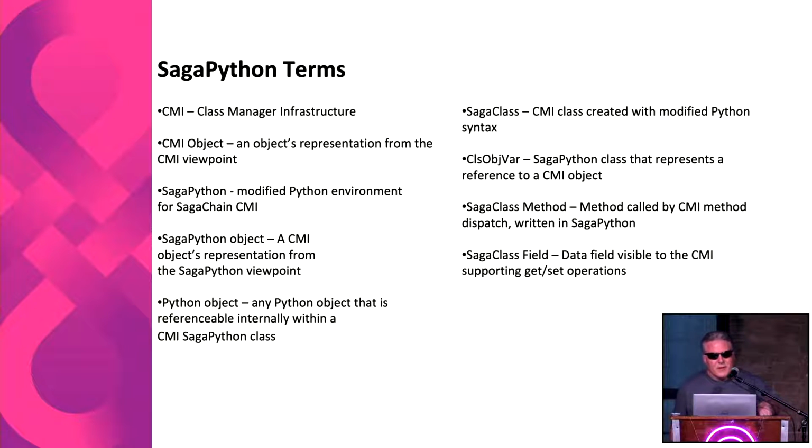The next one, a SagaPython object, is one more level up of viewpoints of an object: the SagaPython view versus a class manager infrastructure view versus a consensus view. Again, I'll show you a diagram of it. The Python object, distinguishing it from SagaPython, reflects that we support running regular Python code inside the class manager classes that are running SagaPython.